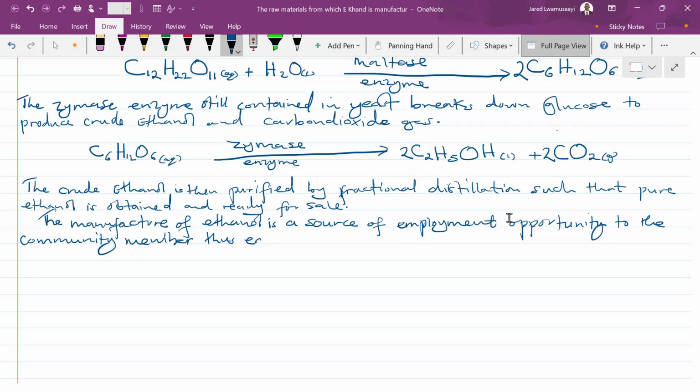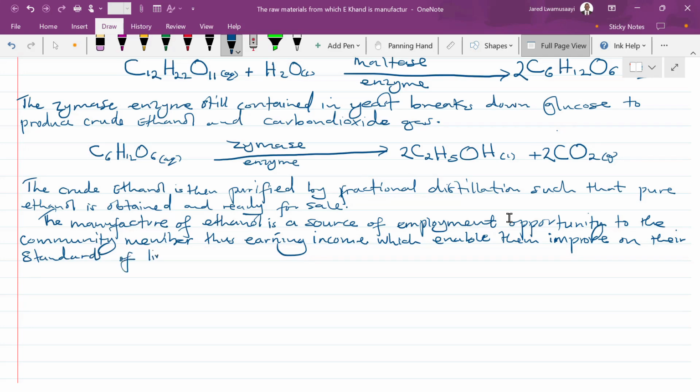thus earning income, which enable them improve on their standards of living. So far, that is one social benefit.